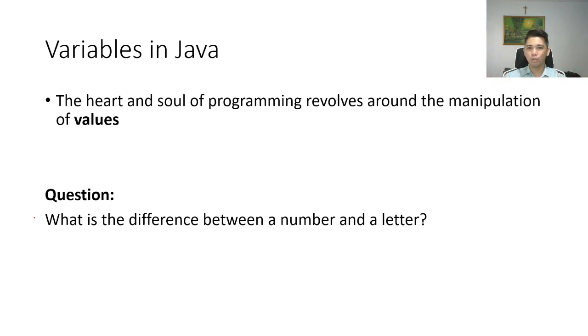Because remember, during the time when you are in JavaScript, when you create a variable and when you place a value inside a variable, the variable in JavaScript doesn't actually care what type of value you placed inside. In Java, we have to explicitly know the type of data a variable has.